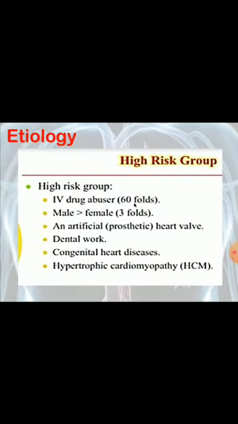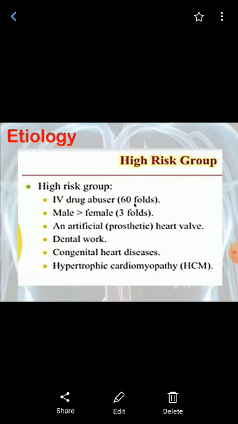There are other causes as well. High risk groups are basically the IV drug abusers. People who are IV drug abusers are at 60-fold higher risk of developing infective endocarditis, and males are at 3-fold higher risk than females. A person with an artificial heart valve, known as a prosthetic heart valve, is also at higher risk.